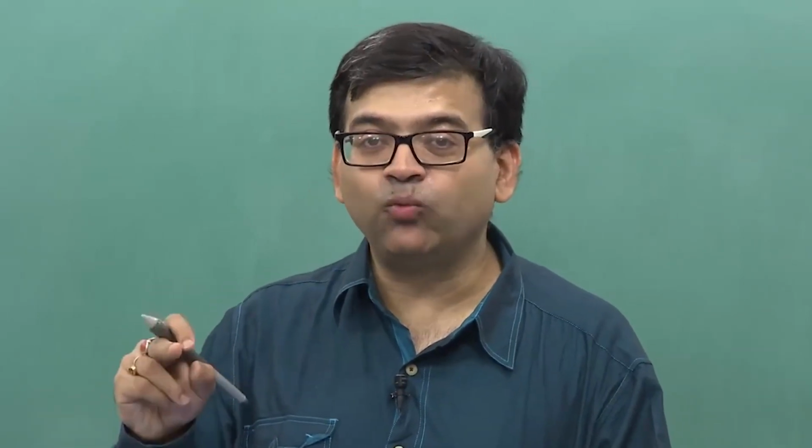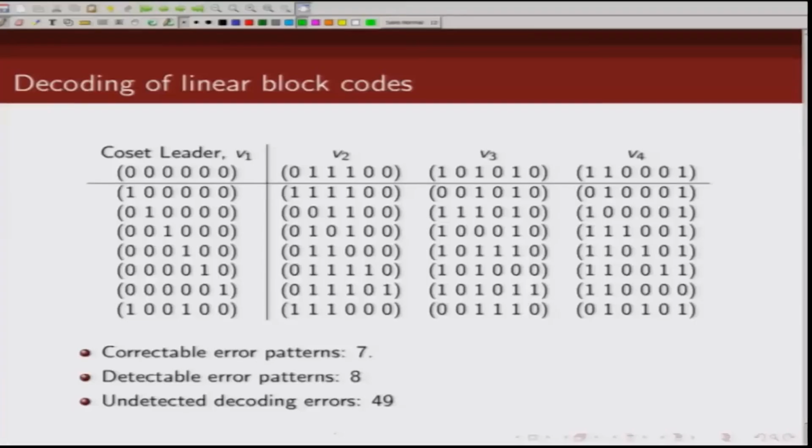Now, if you choose your coset leader to be the one which has the least Hamming weight, which has the least number of ones, and if you make that error pattern your coset leader, then you can correctly decode those error patterns.